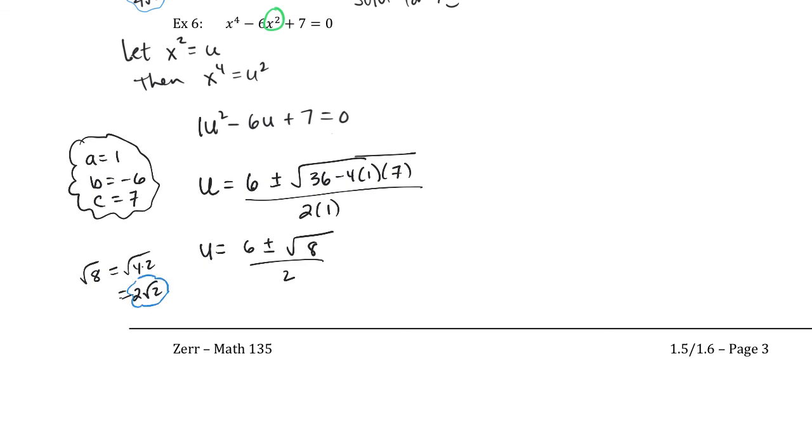So I'll plug that in here. So then that gives me u is equal to 6 plus or minus 2 root 2 all over 2, and then that can simplify to 3 plus the square root of 2. Oh, plus or minus, so I don't want to forget that. Okay, so that's what u is. So now we're going to plug that back in.